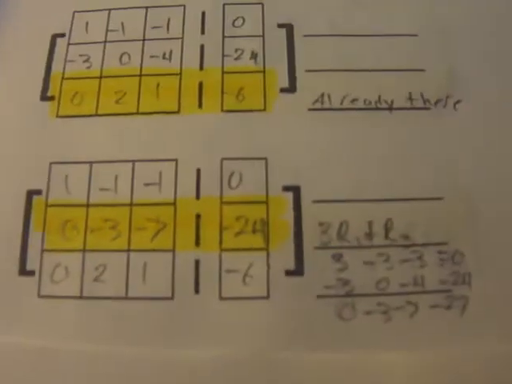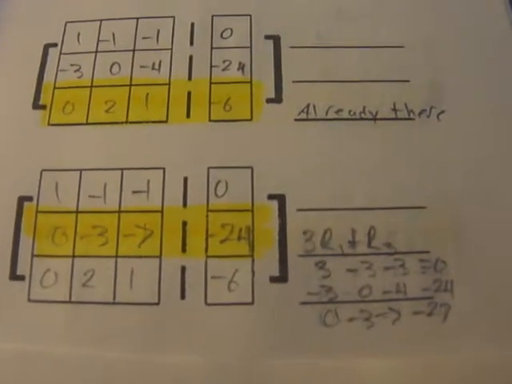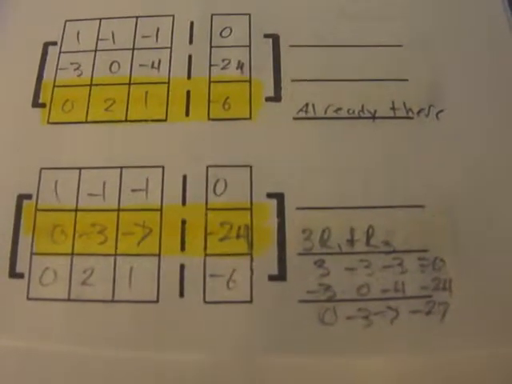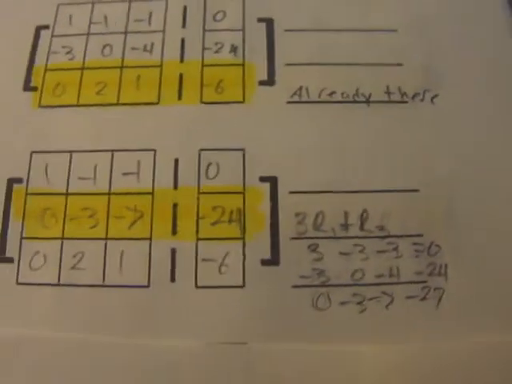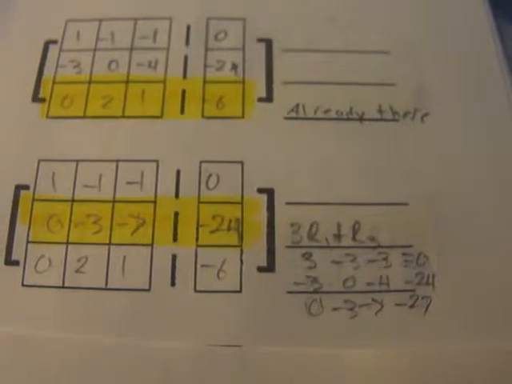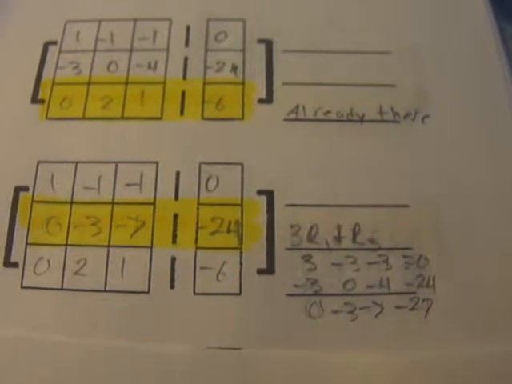Now the second one, we need to have a 0 here, and to do so what I used was row 1 plus row 3, but it's 3 times row 1 plus row 3. Here is my work. Row 1 times 3 will be 3, negative 3, and 0.